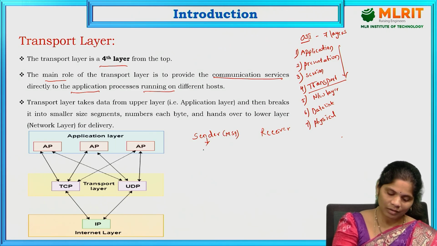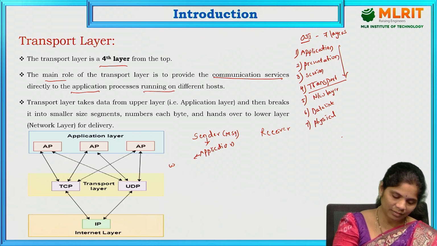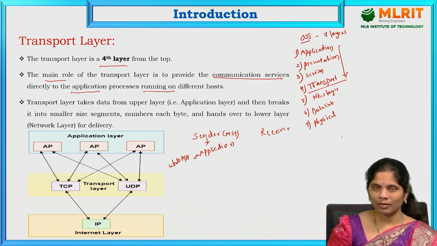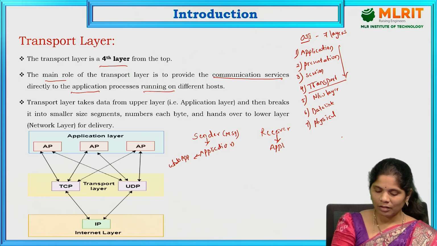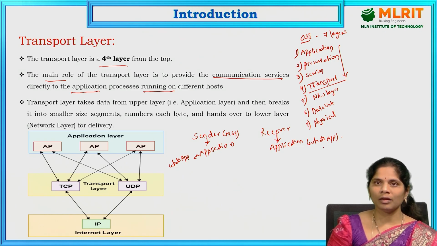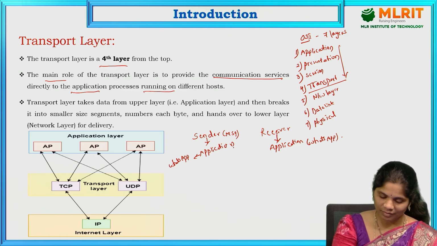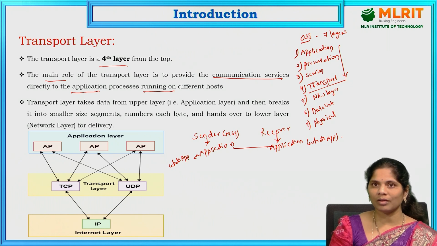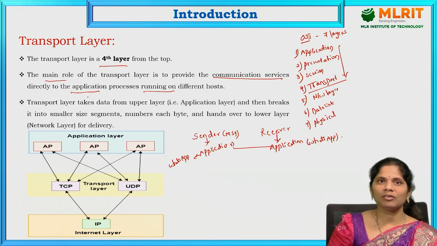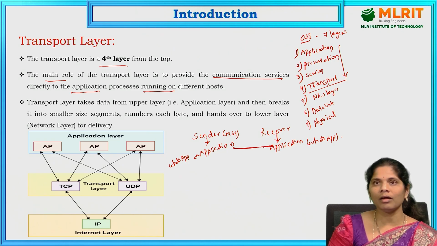First, he has to select an application, say WhatsApp. By using WhatsApp, he sends the message, and the receiver receives it in the WhatsApp application only. So we are communicating the message directly from application to application.